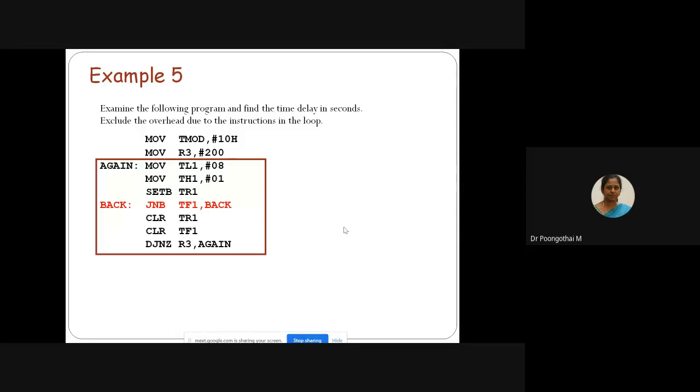First, calculate the time delay for this initial value of the timer. Convert 0108 into decimal and subtract that value from 65536.